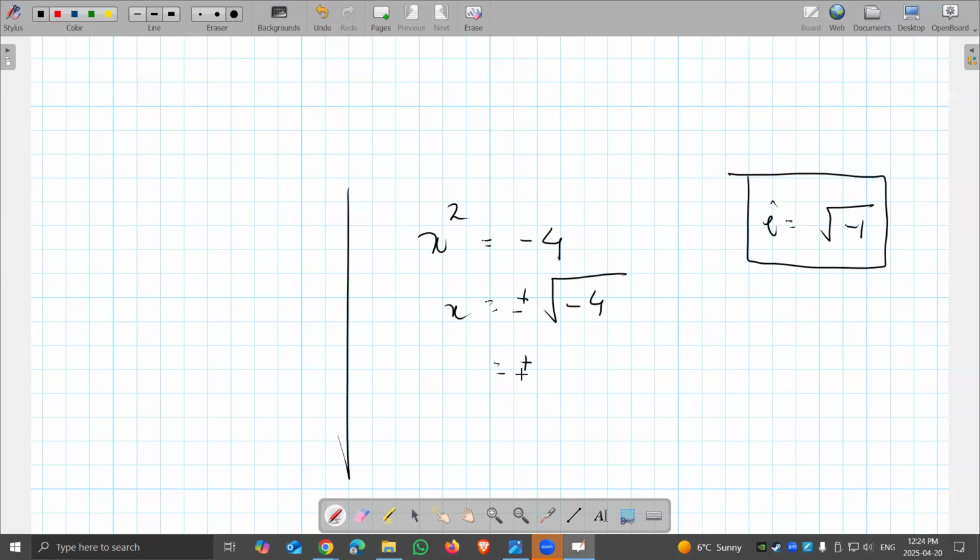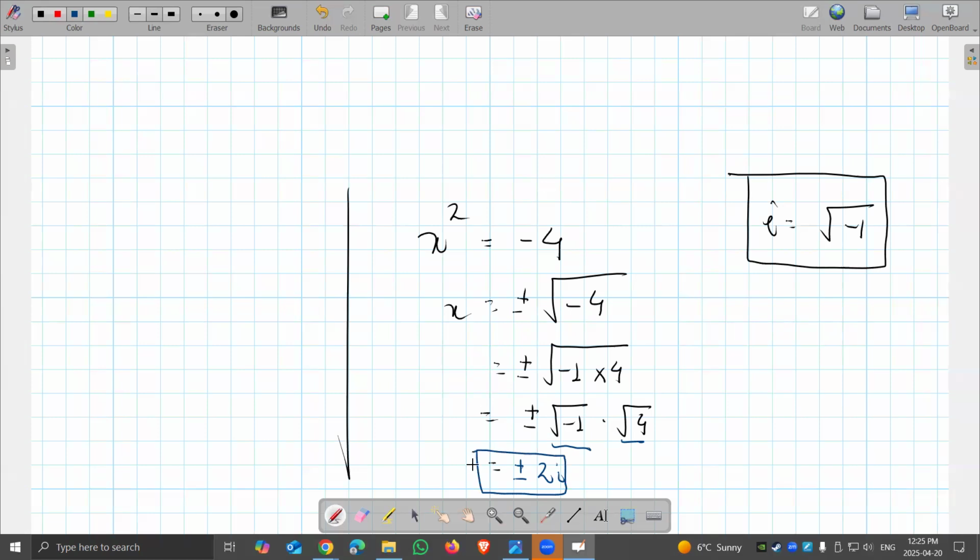So what you do with this is you replace this with negative 1 times 4, so it becomes plus minus root of negative 1 times root 4. Root 4 is 2, plus minus, and this is i.